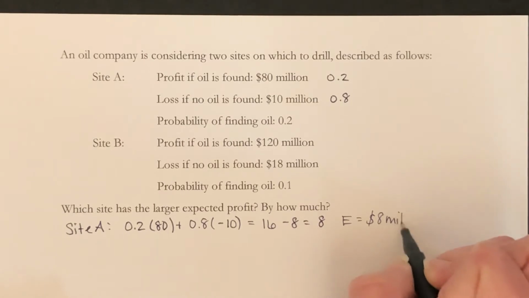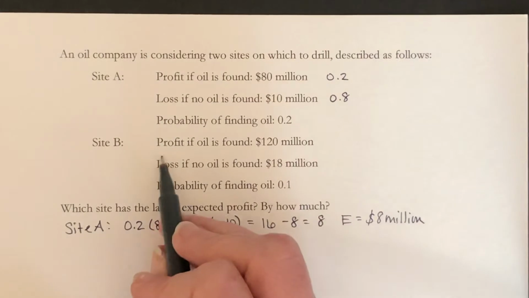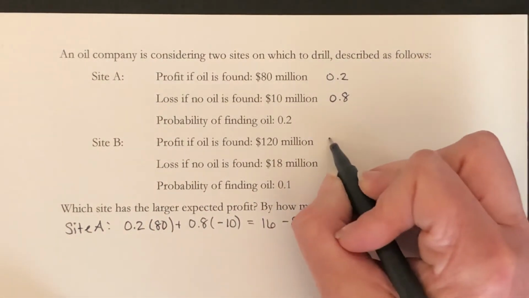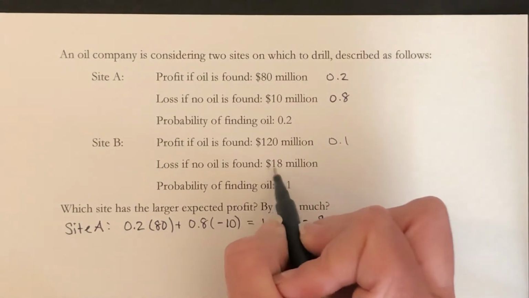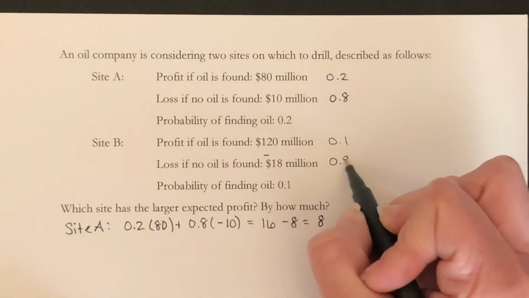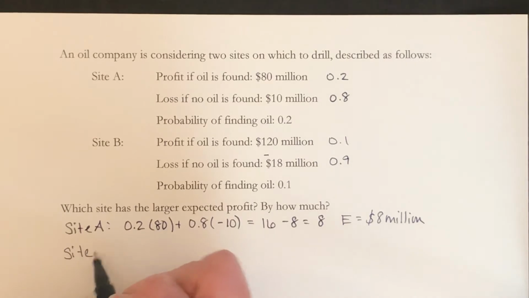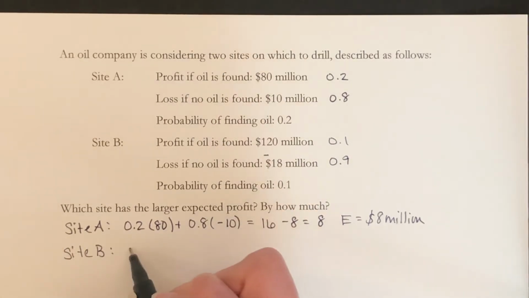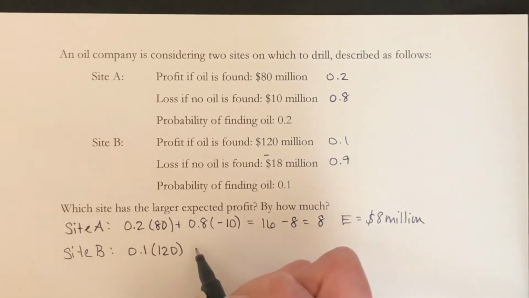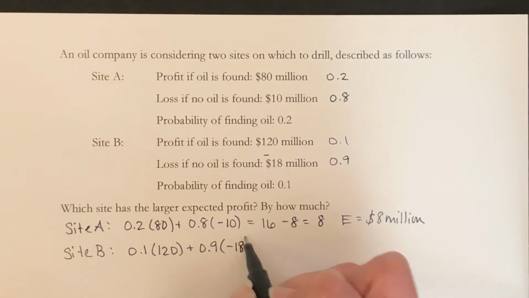All right, for site B, the profit if oil is found is 120, and that probability is 0.1. This is a loss, so that's going to be negative 18, and its probability would be 0.9, which is 1 minus 0.1. So site B has 0.1 times 120 million plus 0.9 times a negative 18 million, because that's a loss.